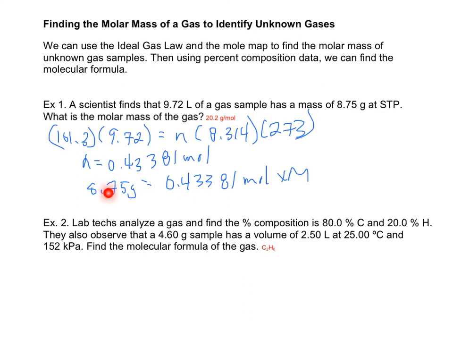What I do is I take the mass and divide it by the moles. That'll isolate capital M. Now I can only have 3 sigdigs in my answer. So this unknown gas has a molar mass of 20.2 grams per mole.